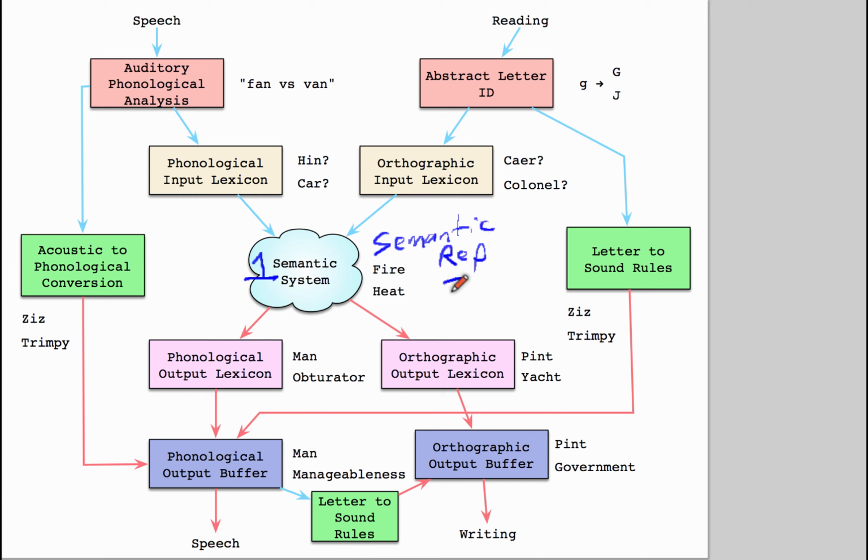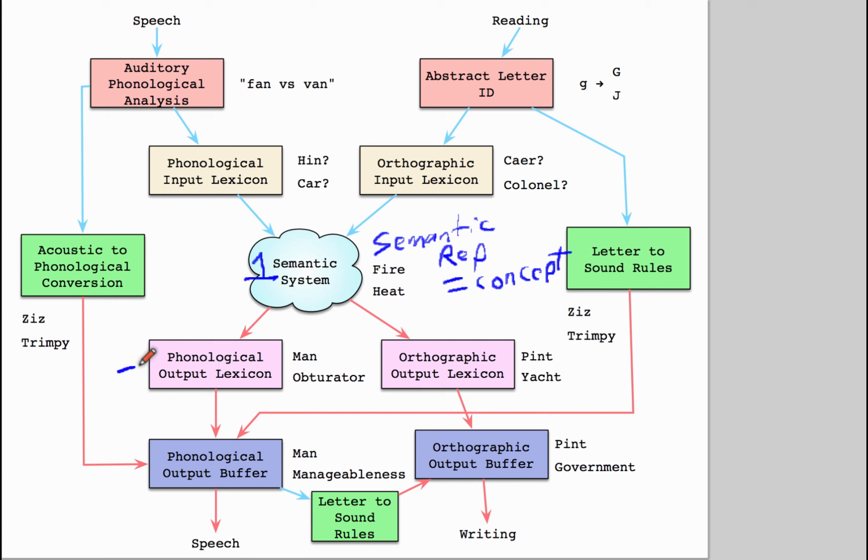You will also see the word conceptual memory being used. So we have to activate this concept, and then we have to find the symbol, i.e. the string of phonological elements in our phonological output lexicon that represents this semantic representation or concept.